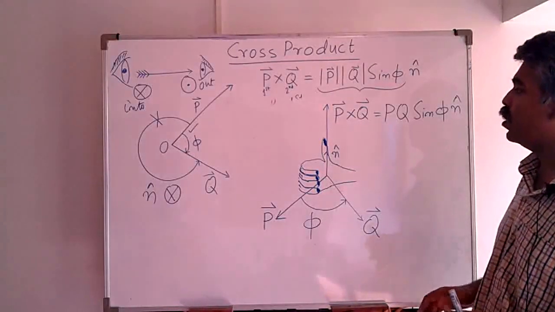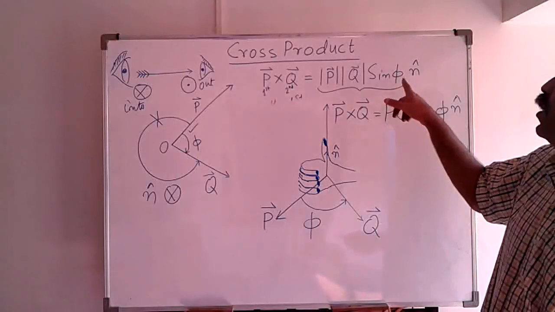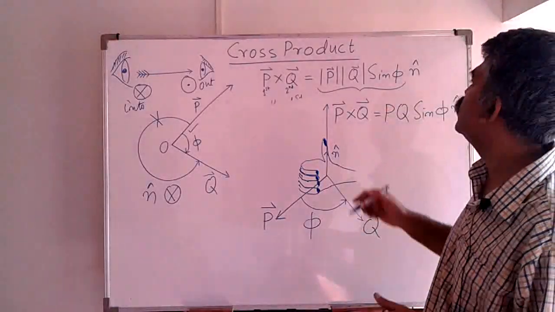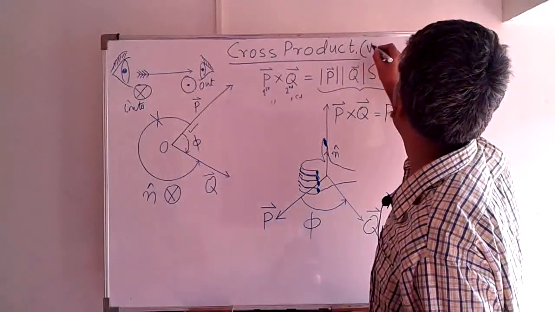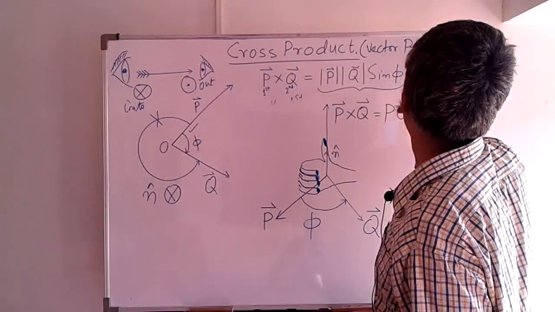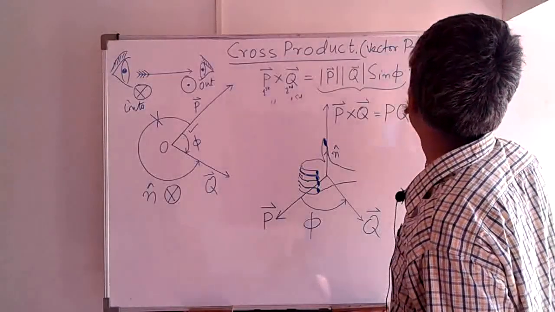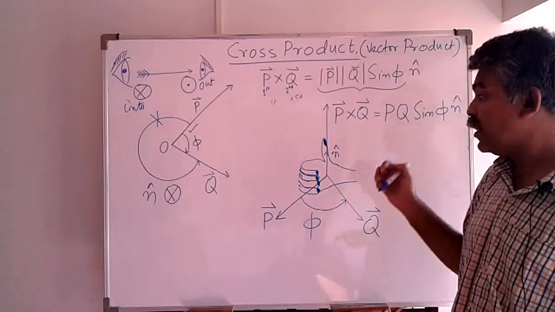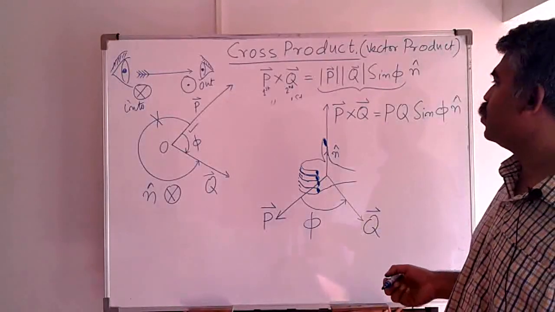This is the cross product. See, the resultant is a vector. So this is also called a vector product. There is another name for this cross product.